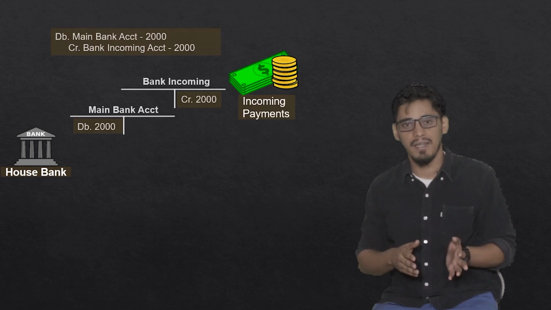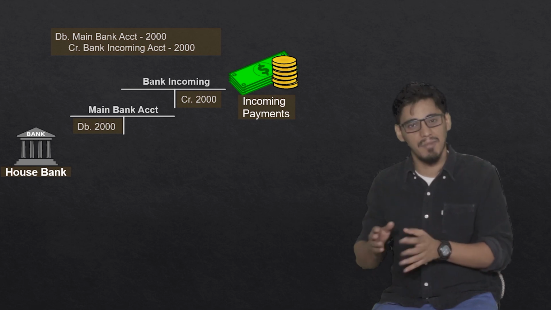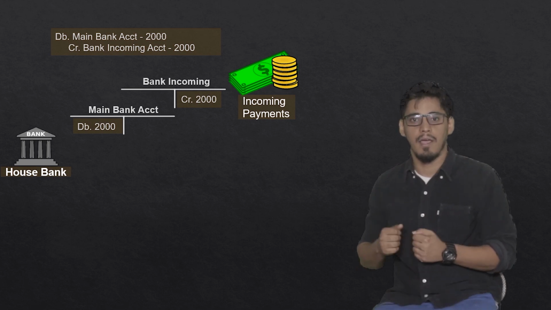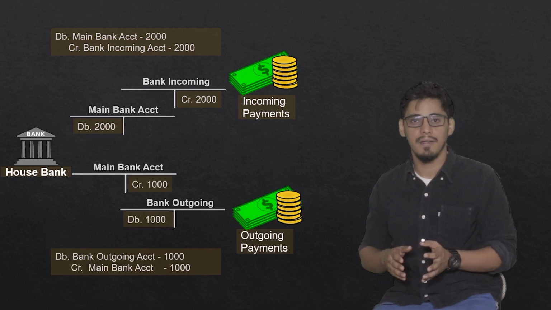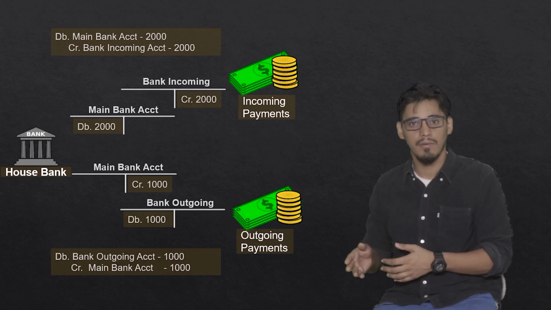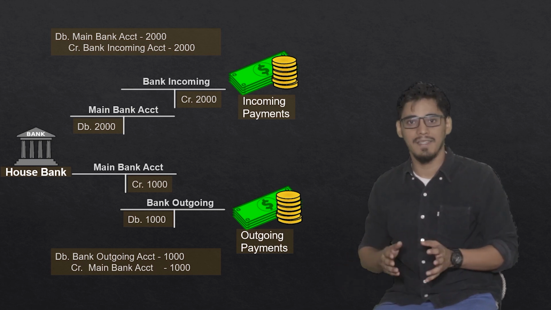For incoming payment, the accounting entry is debit bank main account and credit bank incoming account.